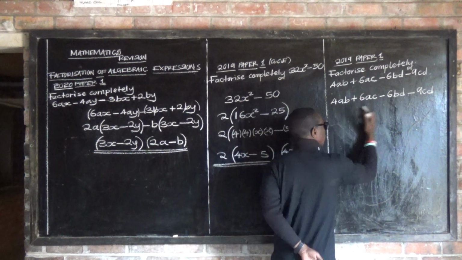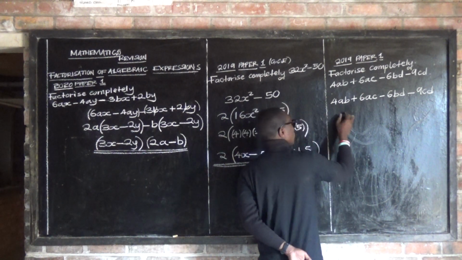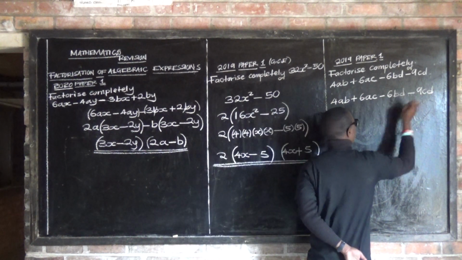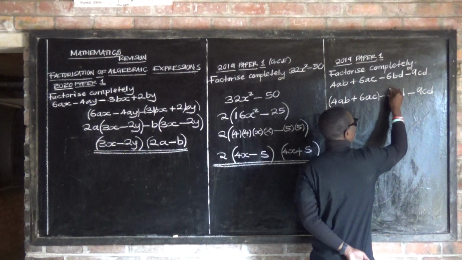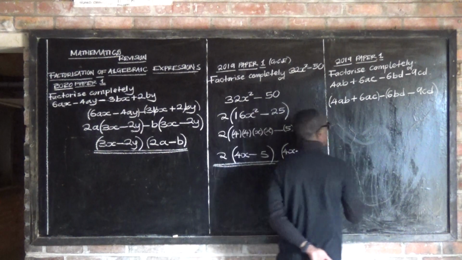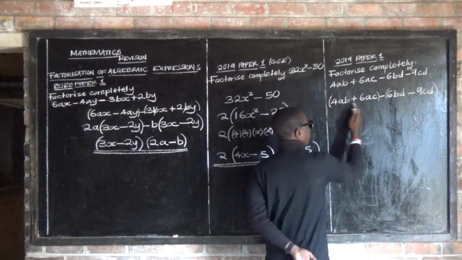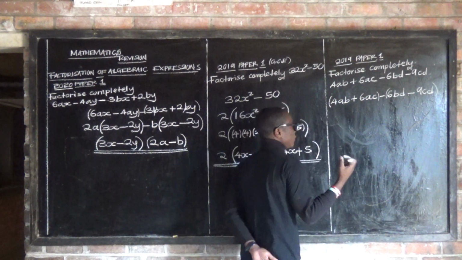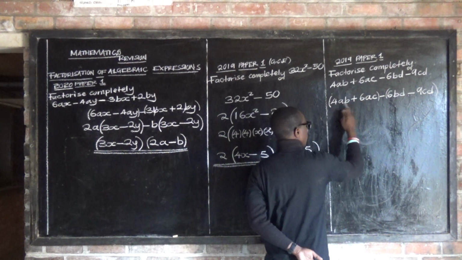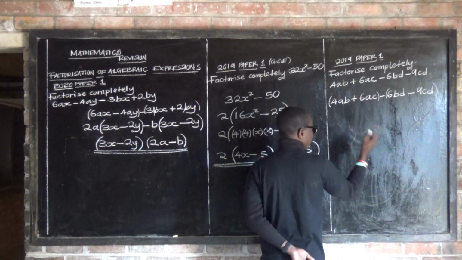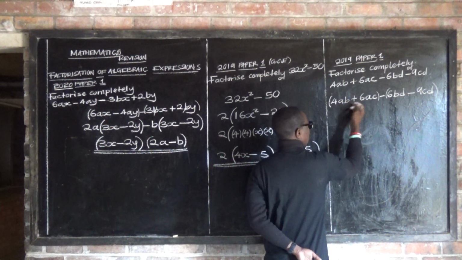We're going to factorize this by pairs, since we have got 4 terms, 1, 2, 3, 4. So we're going to come up with 2 pairs, this pair and this other pair inside. In the first pair, we need to identify the common factor. So what is common? 2 is common. 2 can go into 4 and 2 can go into 6 without leaving a remainder. Inclusive, even a is common.